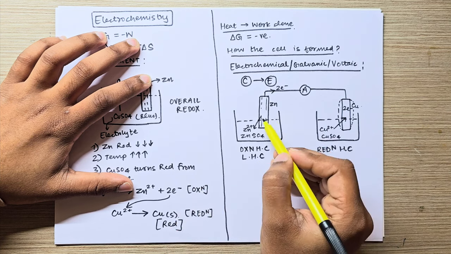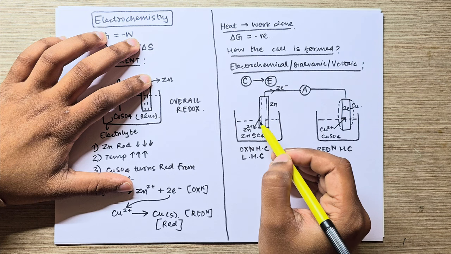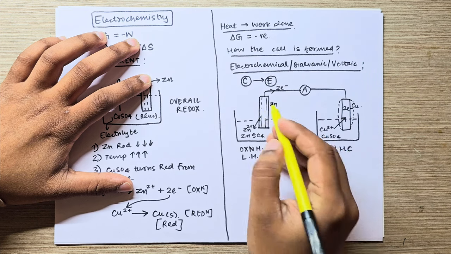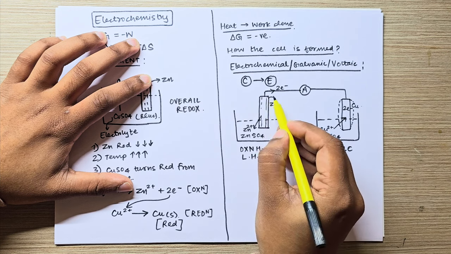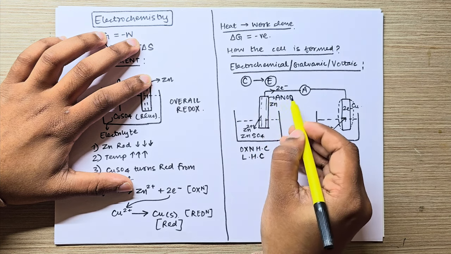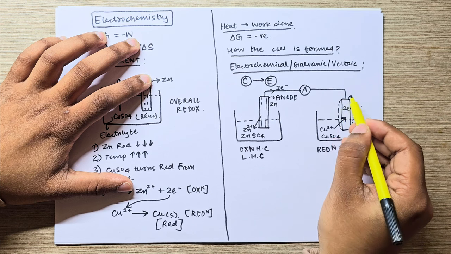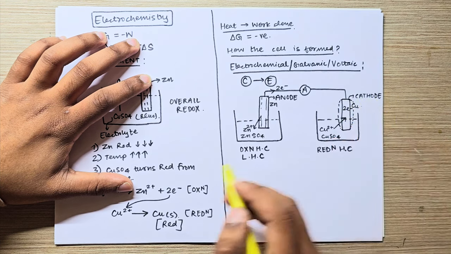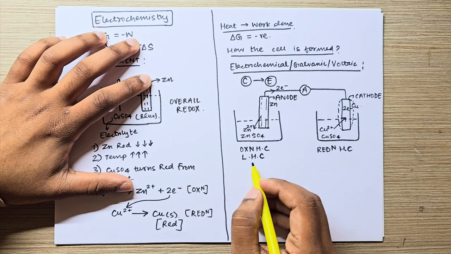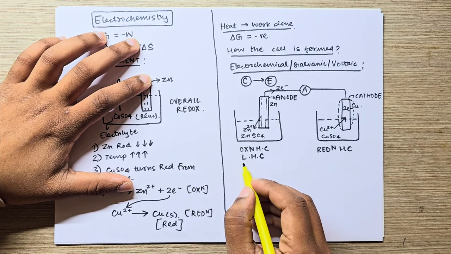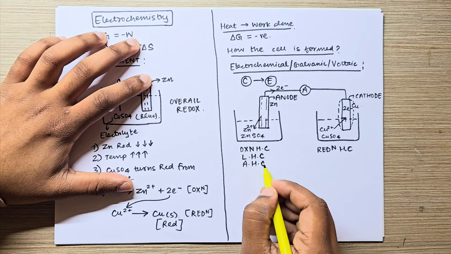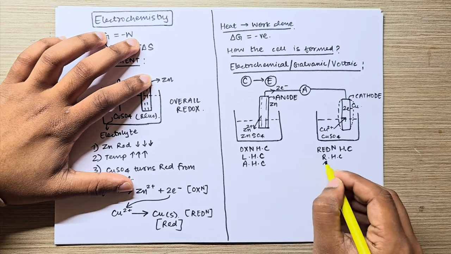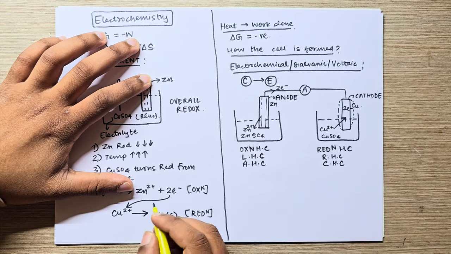Because electrons are depositing here, we call this electrode the cathode, and the other the anode. This is also known as the anode half cell, and this is also known as the right half cell or cathode half cell.